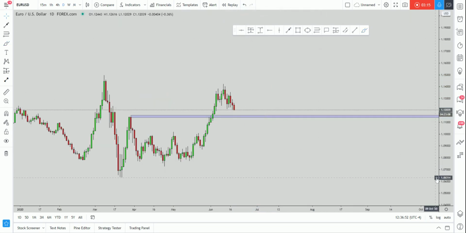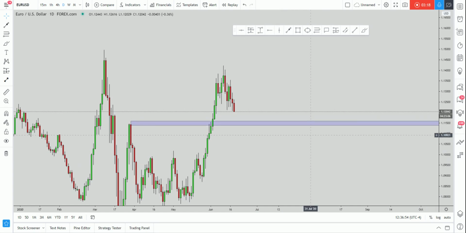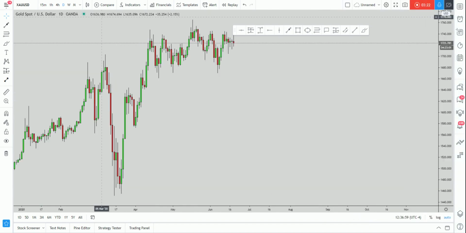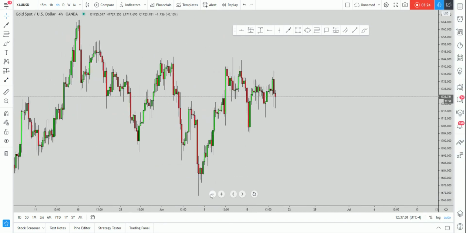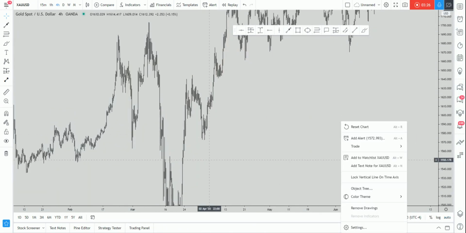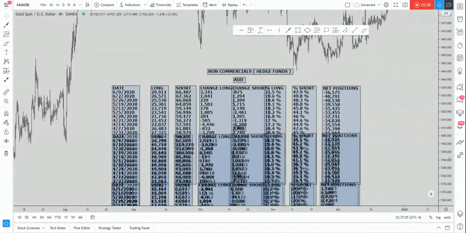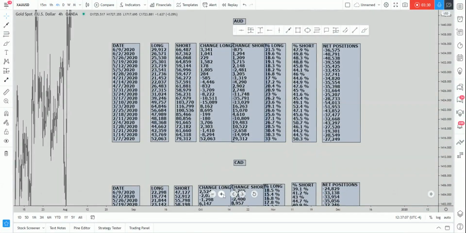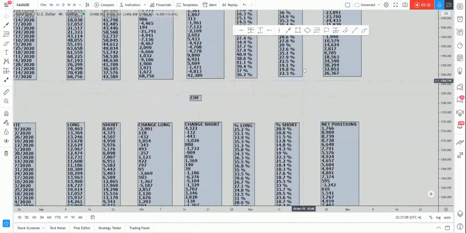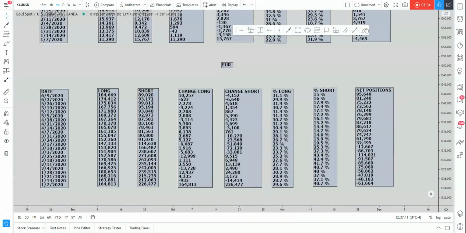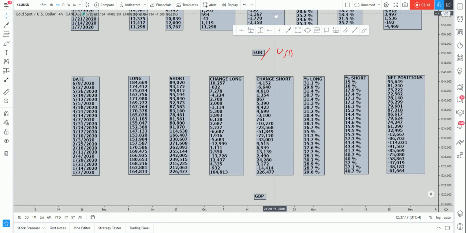But before we speak about how we can be looking for a possible capitalizing opportunity, let's go and see what kind of situation we currently have from a COT perspective on Euro USD. So what hedge funds are currently doing on this pair. Let's go and get our data. If you check the euro, what you're actually checking is Euro USD, because all currencies on the spot are traded against the USD.